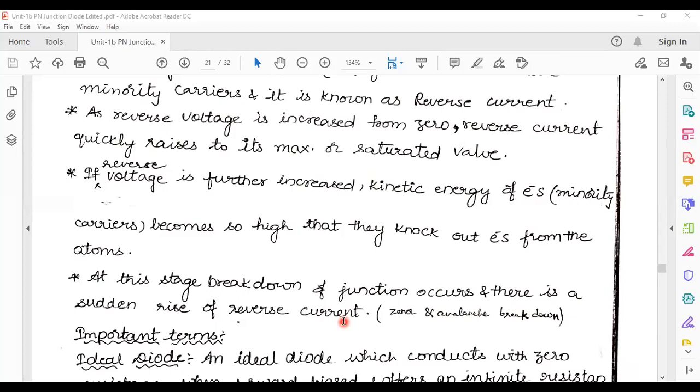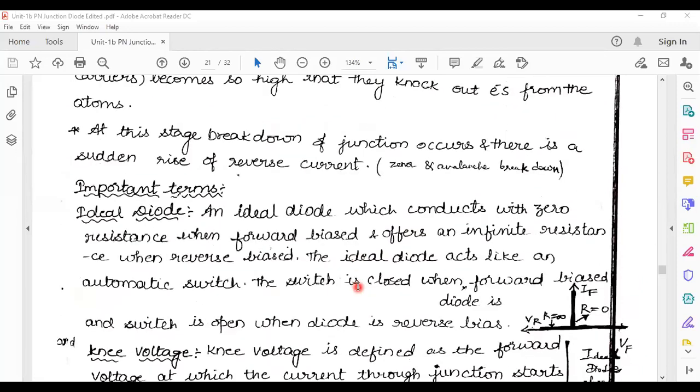That breaking down of the covalent bond at the junction takes place mainly because of the minority carriers, due to the sudden increase in the voltage level, and it gives a rise in the current level also. These breakdowns are of two types, that is Zener breakdown and avalanche breakdown. These two terms we will discuss later.